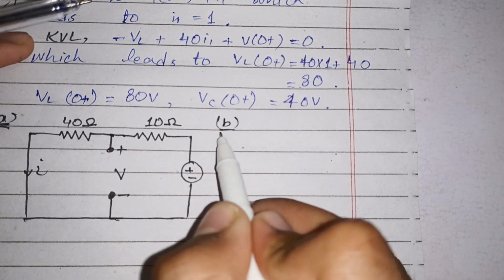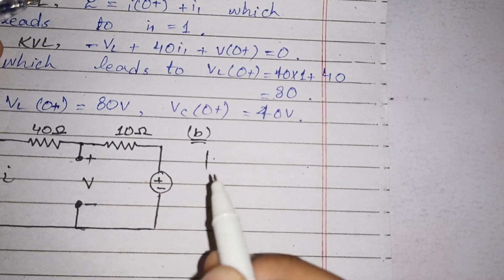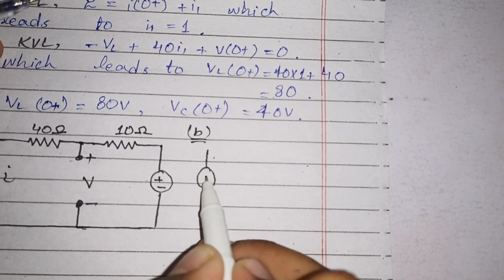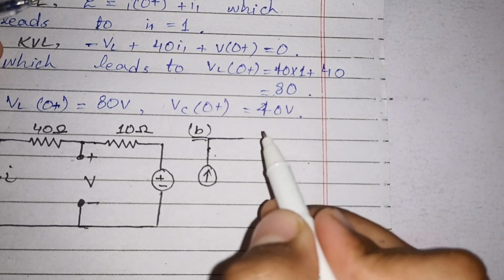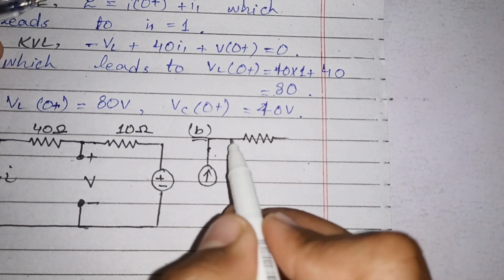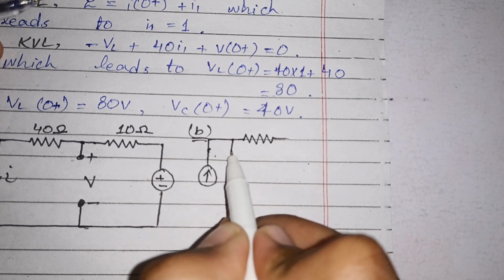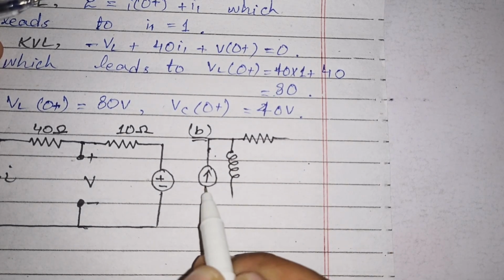For B, we will draw a circuit here. This is a ground source, and here is the resistor, but before the resistor we connect an inductor.